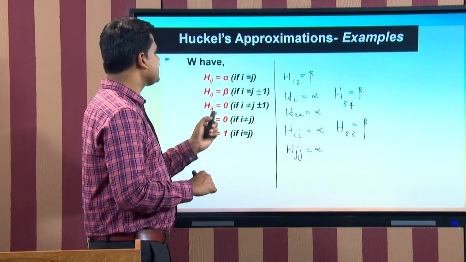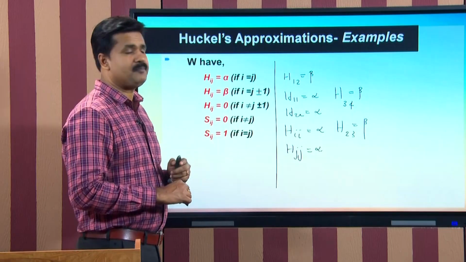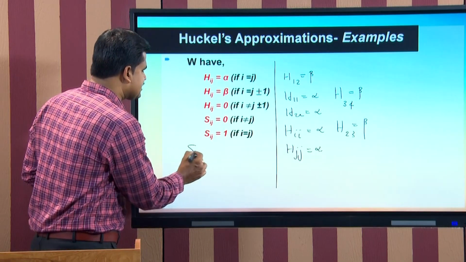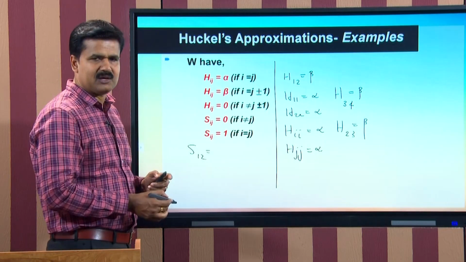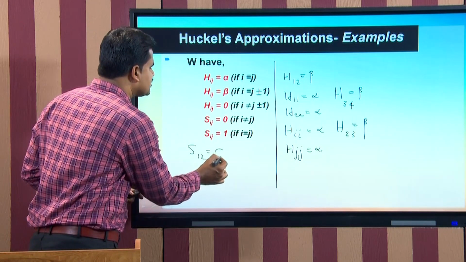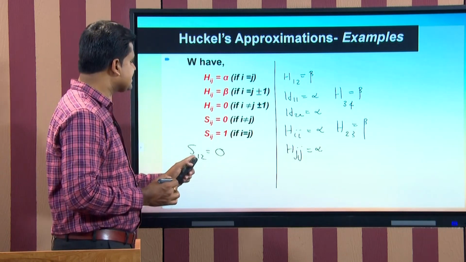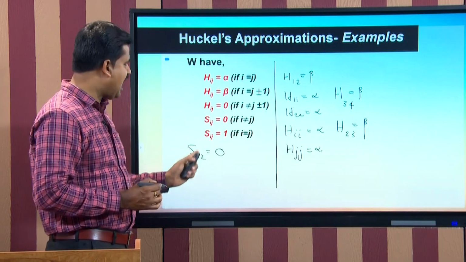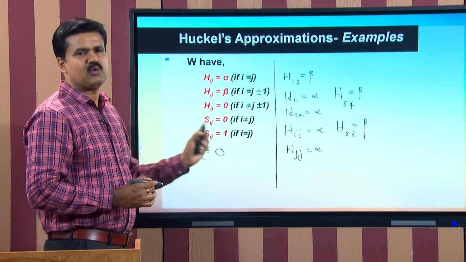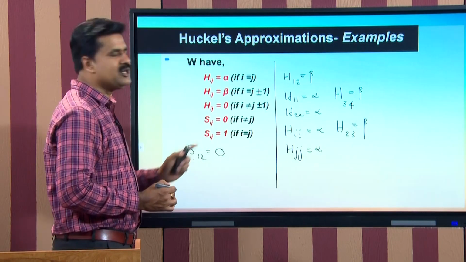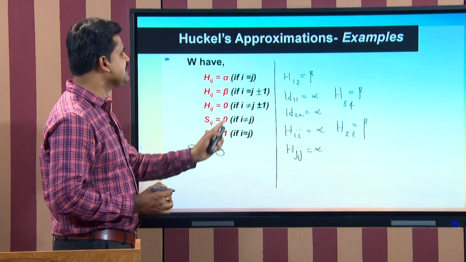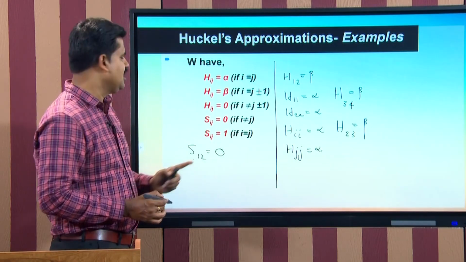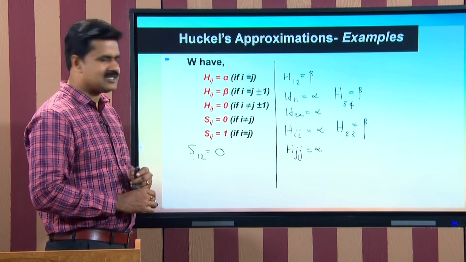Now let us take some examples for the overlap integral. S12 is definitely equal to 0. This is because in Sij, i is not equal to j, 1 is not equal to 2. So, i not equal to j, hence Sij is taken as 0. So, S12 is equal to 0.